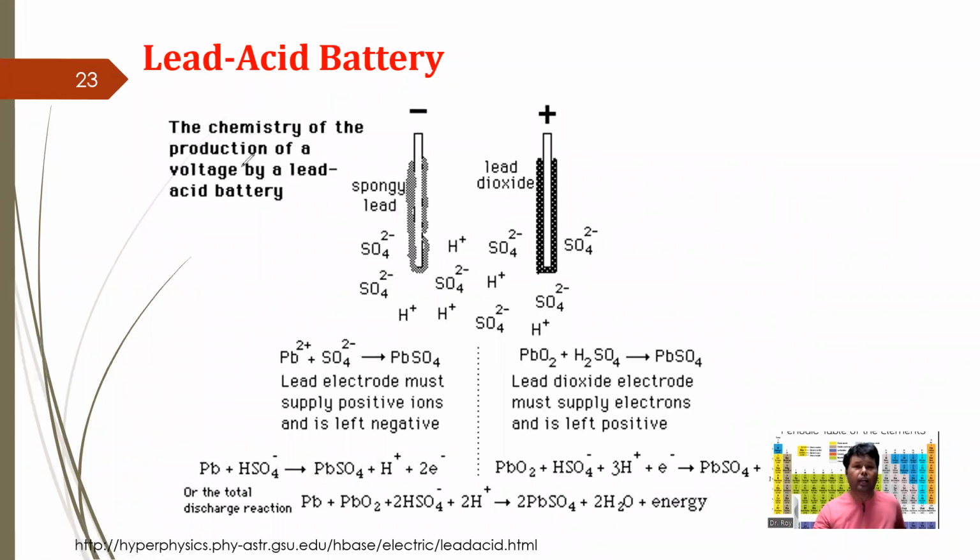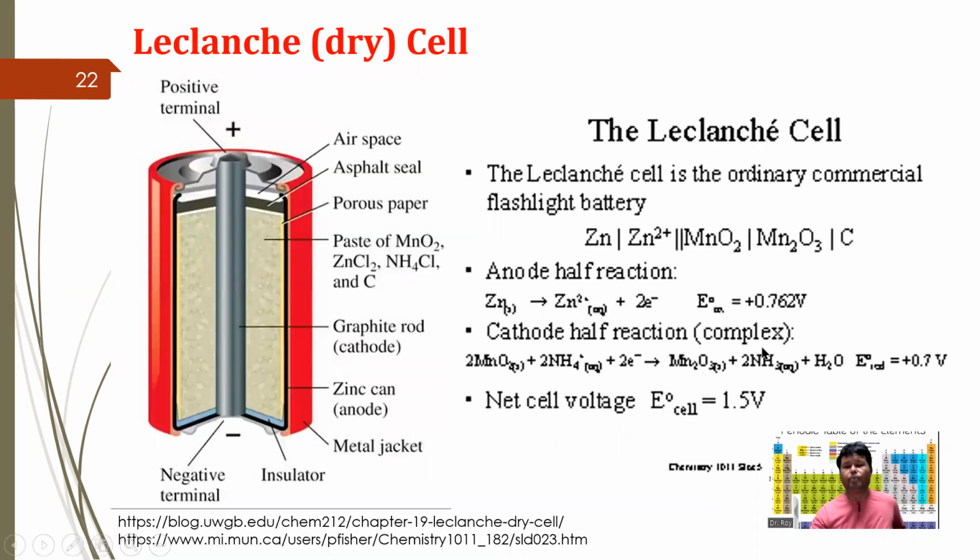We are not going to learn this one. Actually the lead acid battery is used in the car. Normally in the car we use these types of battery. So we have many electrodes dipped into the electrolyte, so we can have a huge amount of electricity, normally 12 volt or 24 volt. The Leclanché cell I showed previously gives only 1.5 volt.